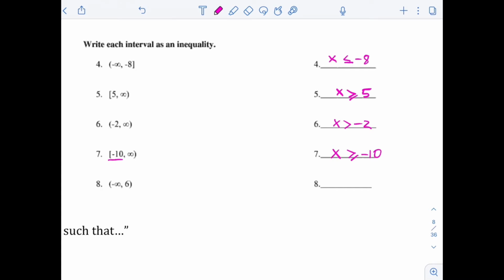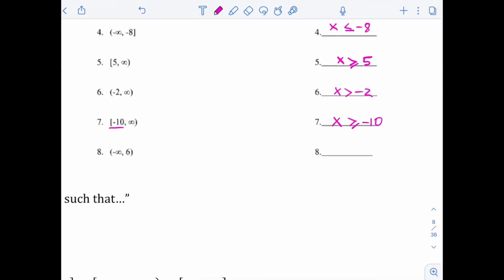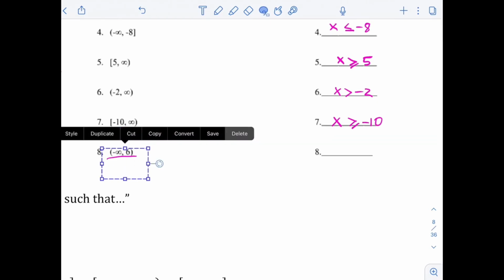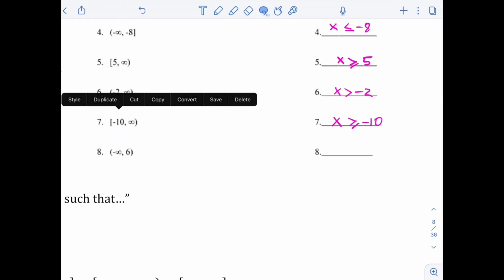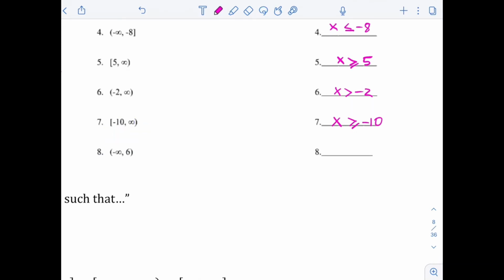In this case, because you see negative infinity, it takes only numbers that are smaller than 6, not including 6. So the variable is less than, because it takes numbers that are smaller than 6, and not equal, because it doesn't have a bracket, not equal to 6.